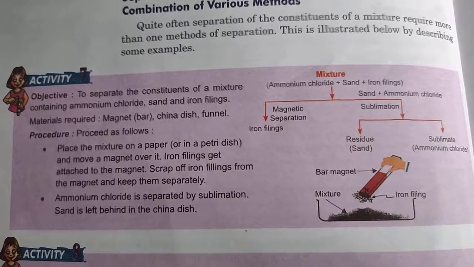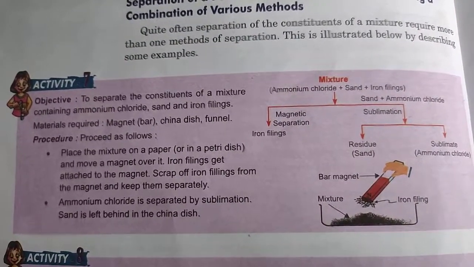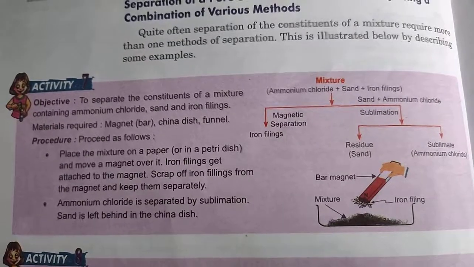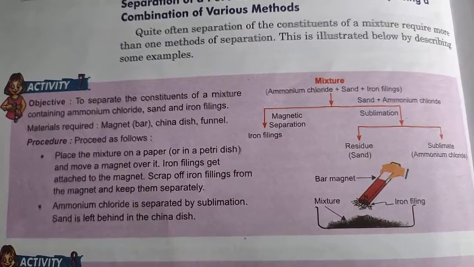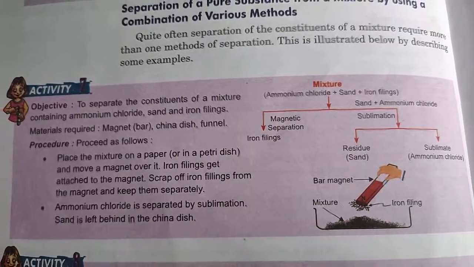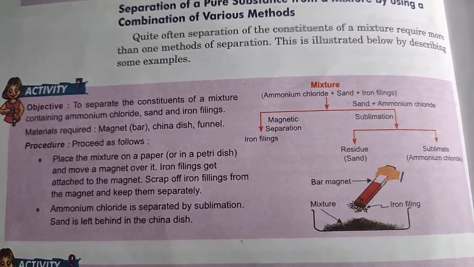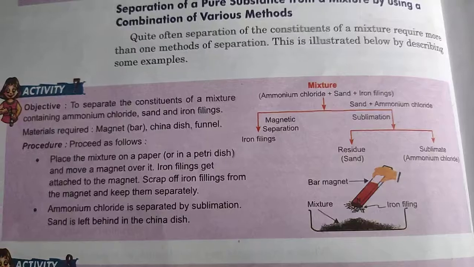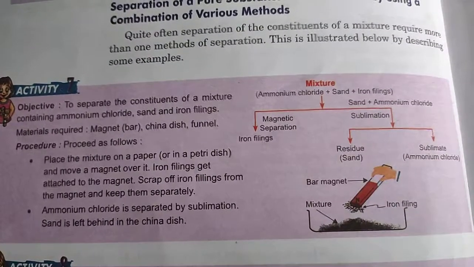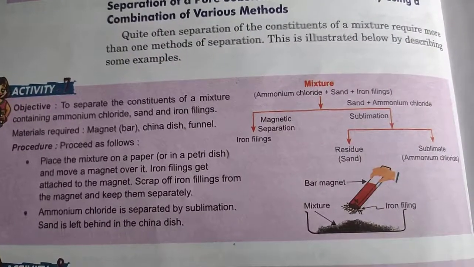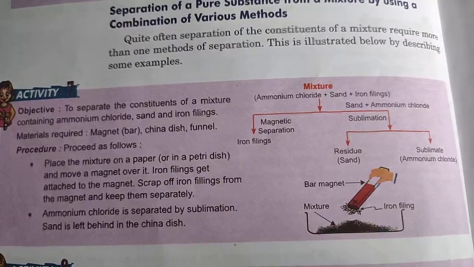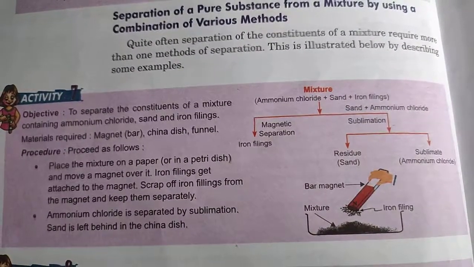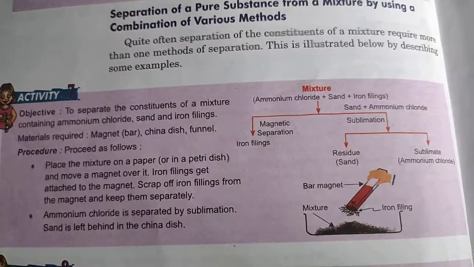Ammonium chloride and sand. Now you know the nature of ammonium chloride, it sublimes, that means it is directly converted into vapor. So now you heat this mixture containing ammonium chloride and sand. What happens? Ammonium chloride sublimes and is deposited on the wall of the inverted funnel.